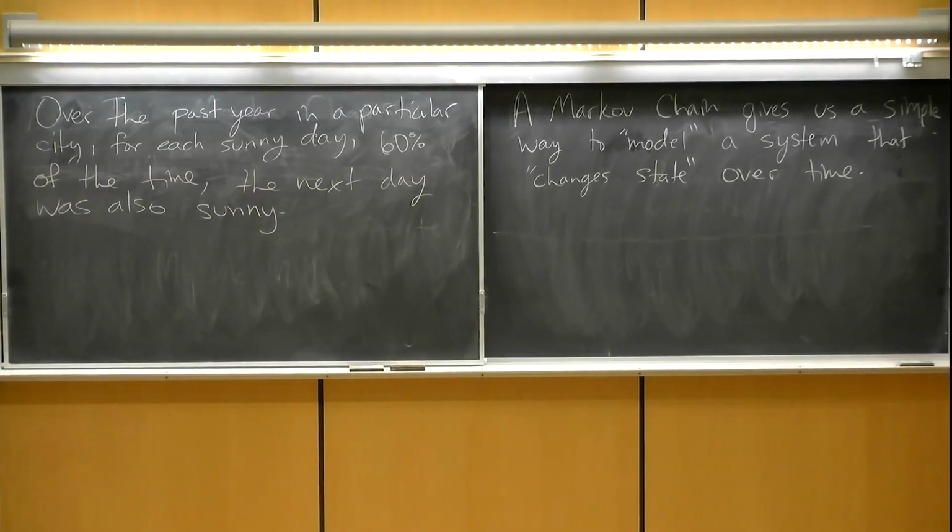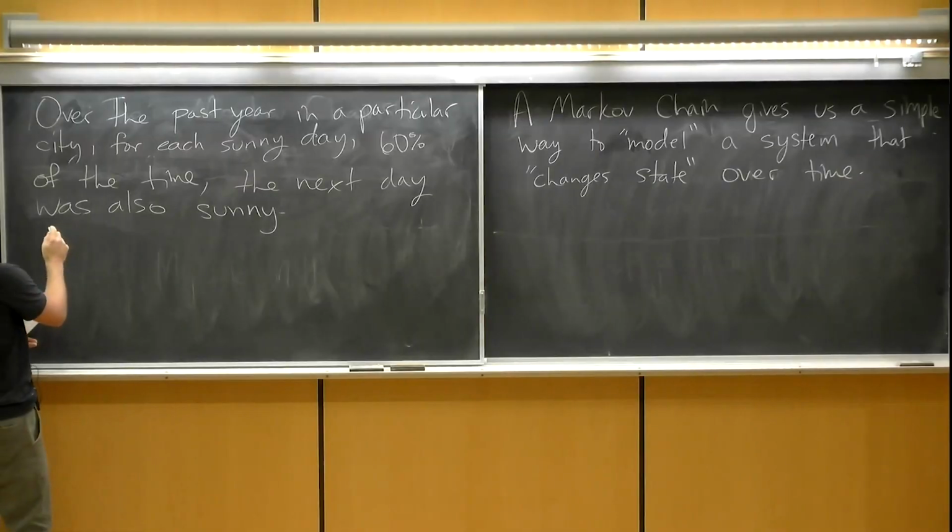Let's say we look at the data from the whole year. I don't know how you quantify what a sunny day is, but let's say we have some measurement to say that day was sunny, that day was not sunny, and we can classify them. This is saying 60% of the time when it was a sunny day, the next day was also sunny.